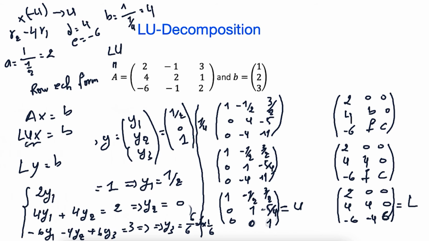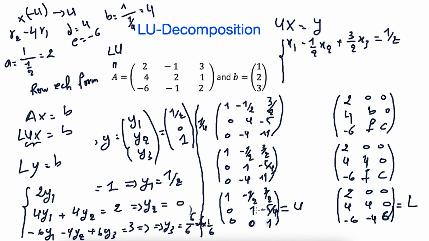So we need to take this Ux equals y, and U here is this matrix, so it will be x1 minus 1/2 x2 plus 3 over 2 x3 equals y here is 1/2.